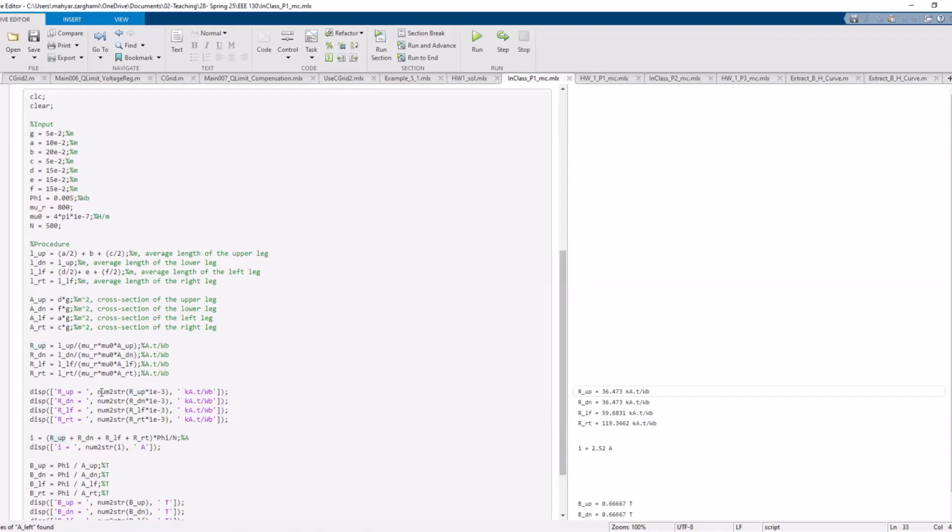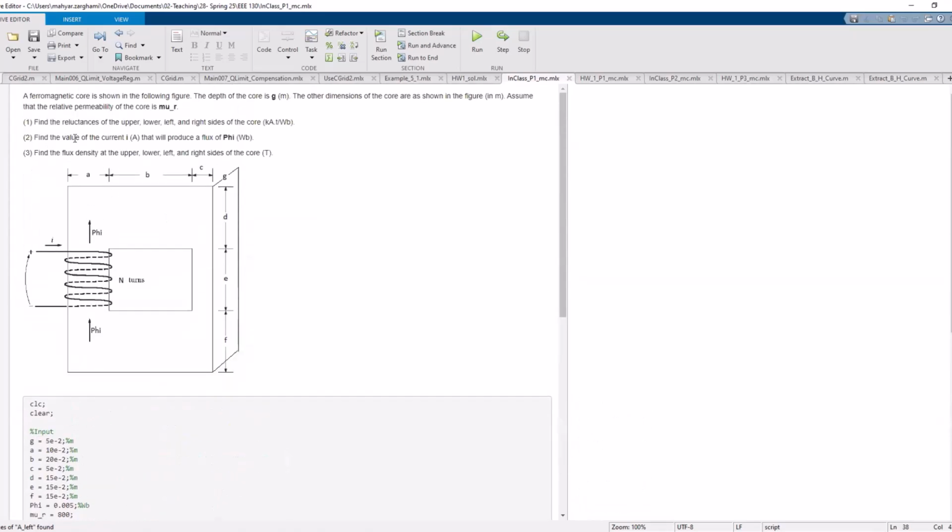And finally converts that number into a string. So this is the first string that attaches to the second string and gets attached to the third. So if I go ahead and run the code, you will see that you receive the outputs in this form. All right, so this is from the reluctances.